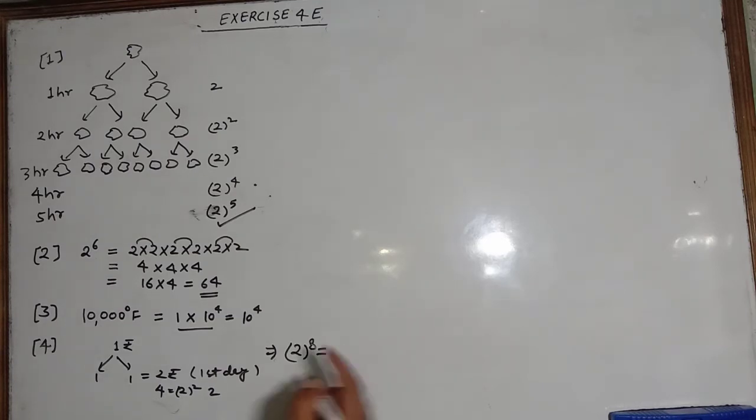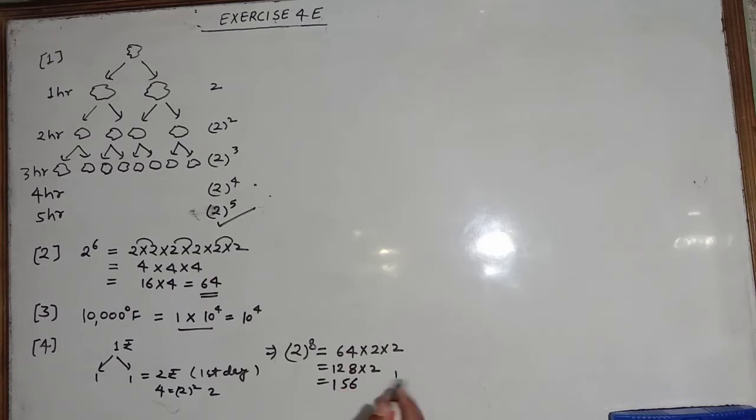Six times we multiplied here, so it is 64 into 2 into 2. 64 into 2 is 128, into 2 it will be 256. So 256 rupees it will be. 256 will be our answer.